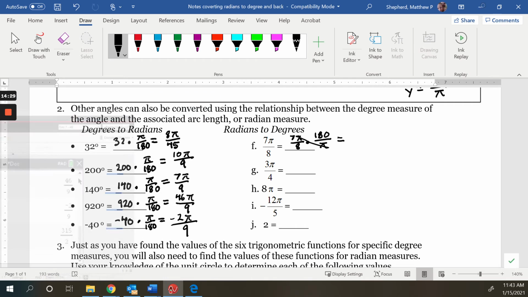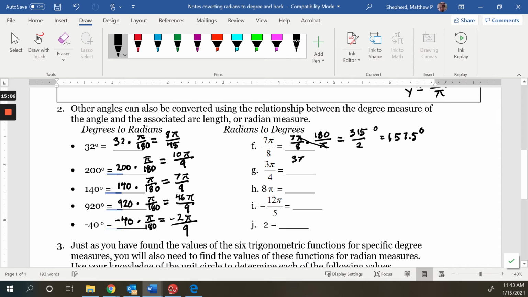So 315 halves degrees, and if you don't like leaving the degrees in a fraction format, I admit that is a little bit weird, we can go ahead and do that division, which should then give us 157.5 degrees.